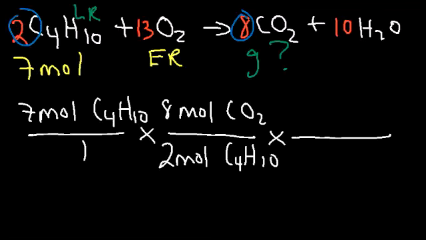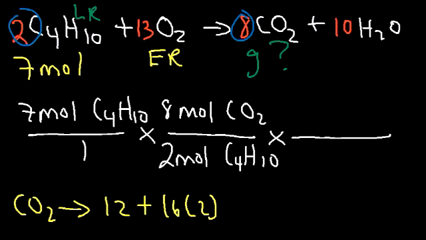So now, we need to convert moles of CO2 into grams of CO2. So whenever you want to go from moles to grams, you need the molar mass. Carbon has a molar mass of 12, and for oxygen is 16, but times 2. 16 times 2 is 32, plus 12, that's 44. So there are 44 grams of CO2 per 1 mole of CO2.